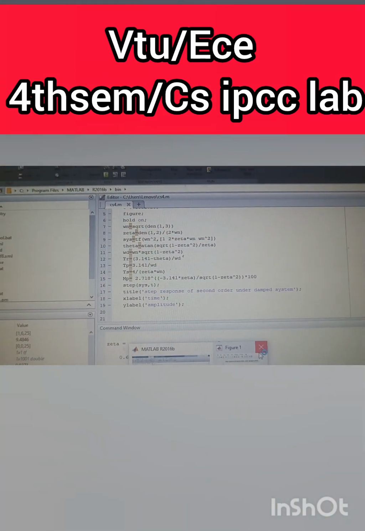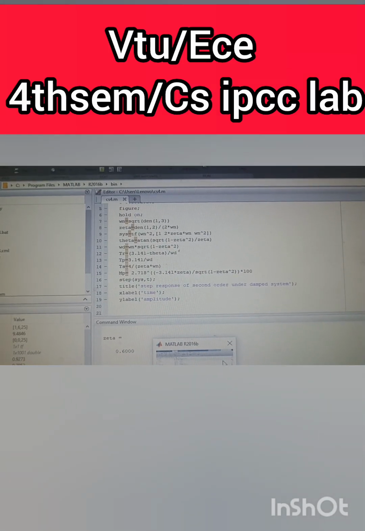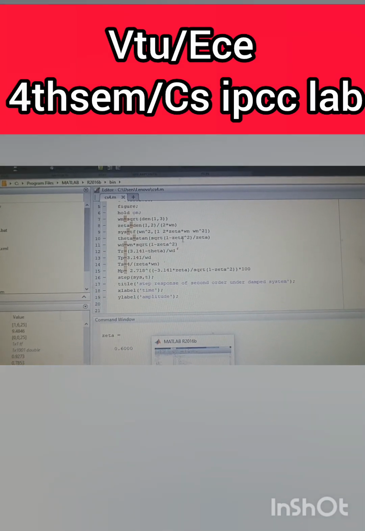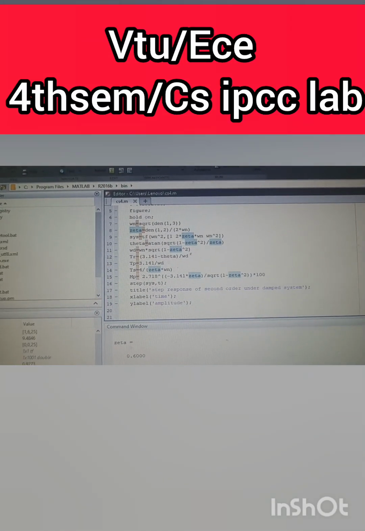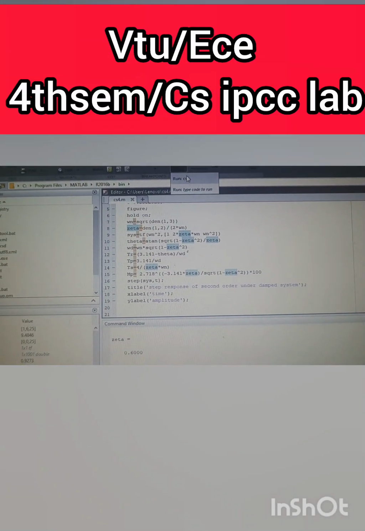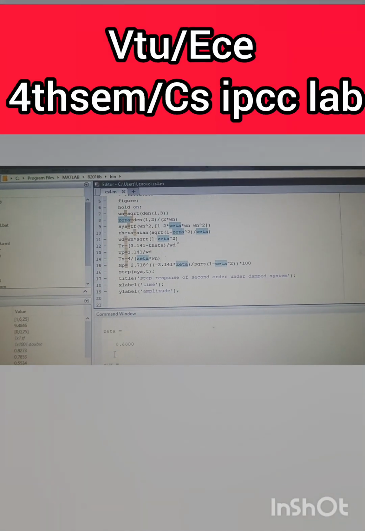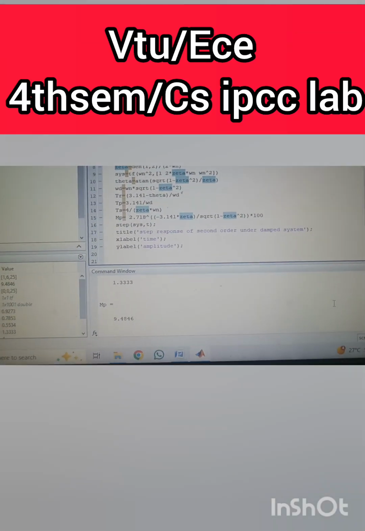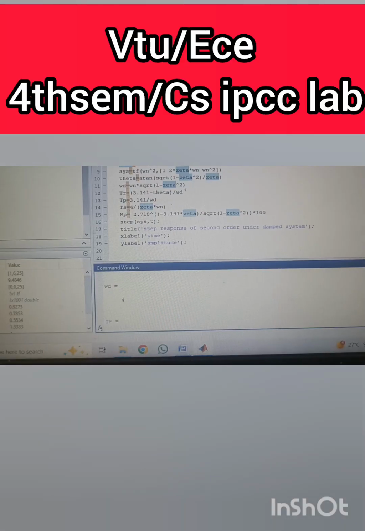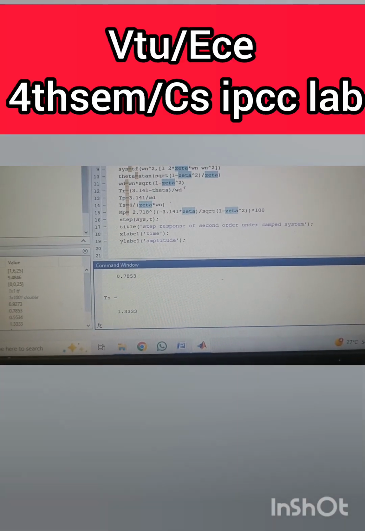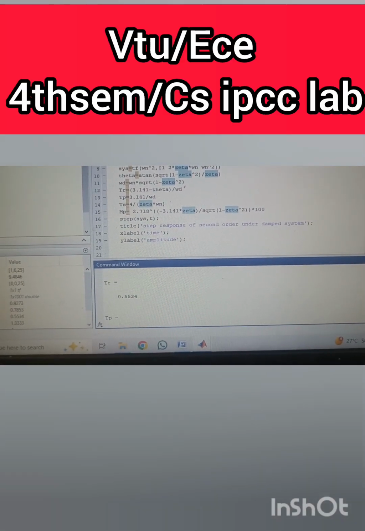Here I will close this and open the program, save it in some folder, and later you can just run this. After running this, you can see the execution, what is happening here. The figure is also generated.